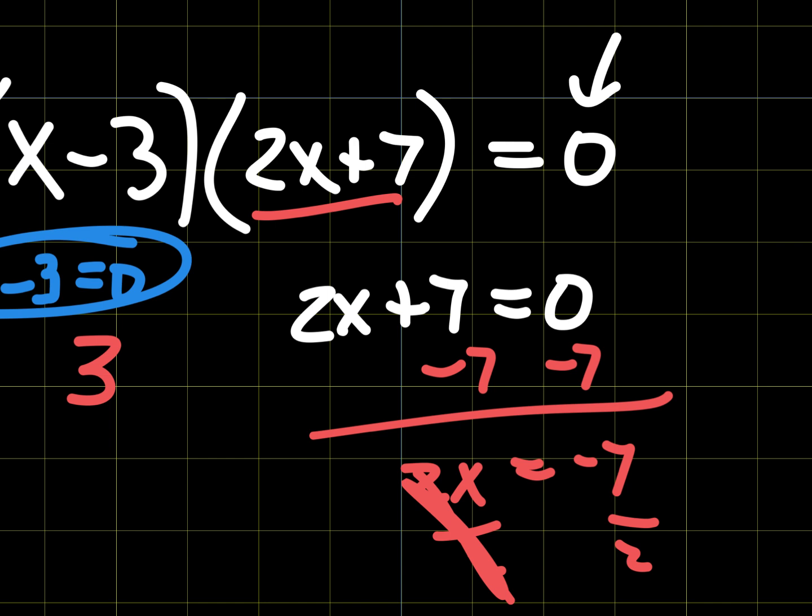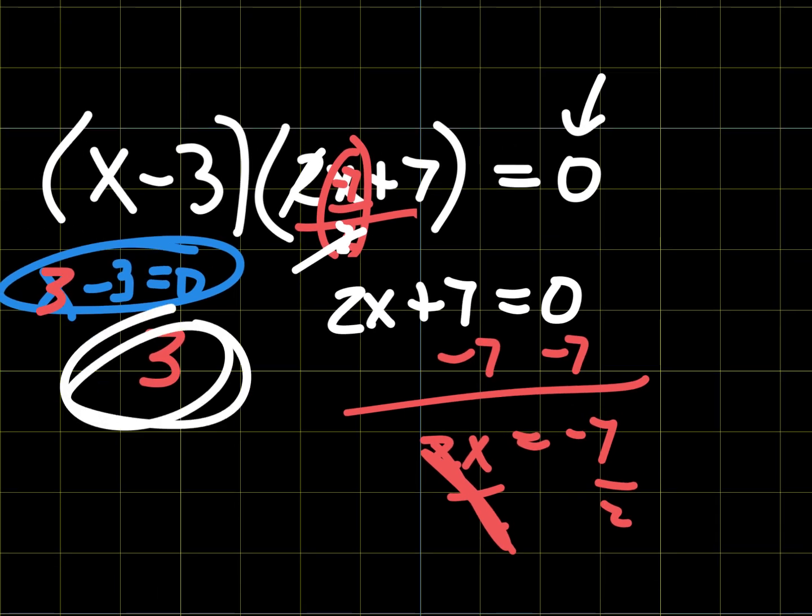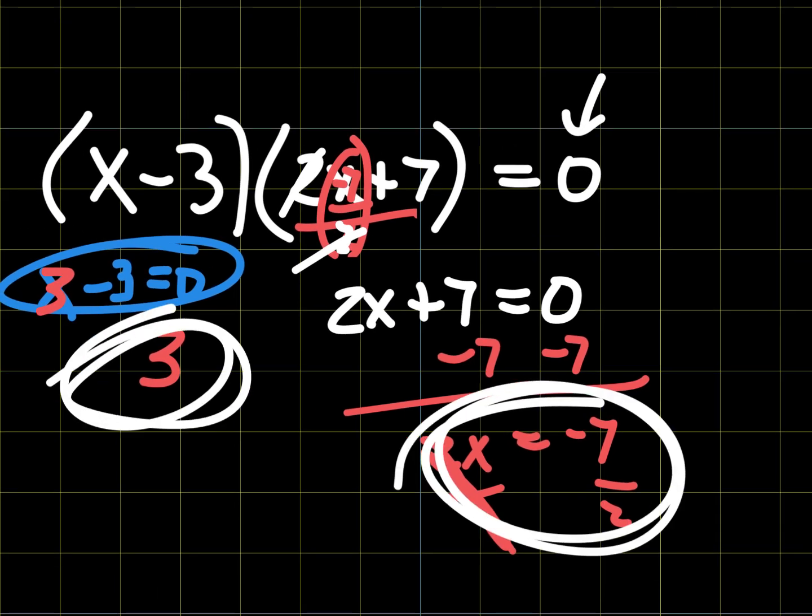Why is that the answer? Because if I put negative 7 over 2 here, these 2's would cancel, and then it will say negative 7 plus 7, which makes 0, and that's the whole point. All right, so my 2 answers for this were 3 and negative 7/2.